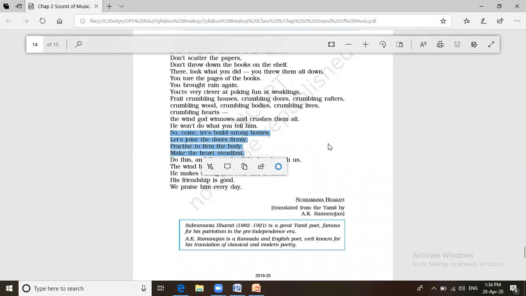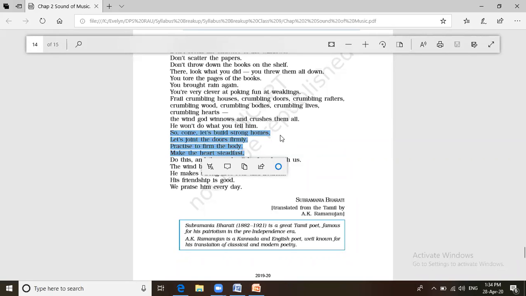So come, let's build strong homes. Let's join the doors firmly. Practice to firm the body. Make the heart steadfast. So, ma'am, the meaning of the first line is we should start making strong. Now the wind is treated as God. Wind is very much powerful. So we should be together, and we should physically also make strong homes, and we should join together and motivate each other.